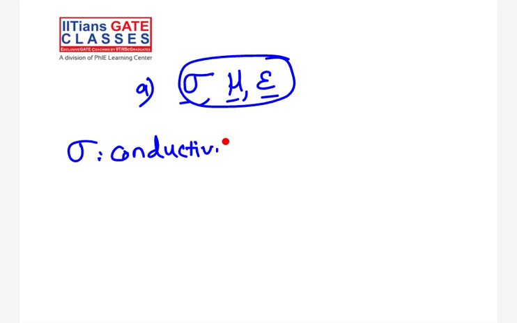The conductivity is the ability of the medium to support current. For example, metals have a higher conductivity, which means metals support a huge value of current. The property of conductivity defines whether the medium is able to allow current or not. More conductivity means more current, and less conductivity means no current.